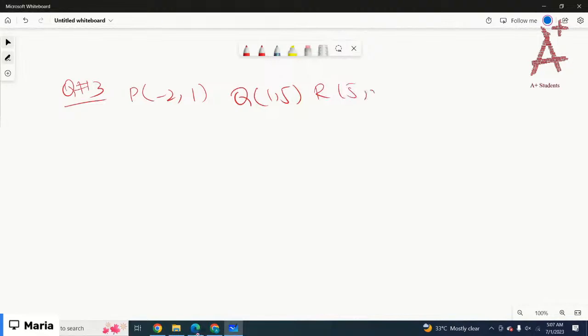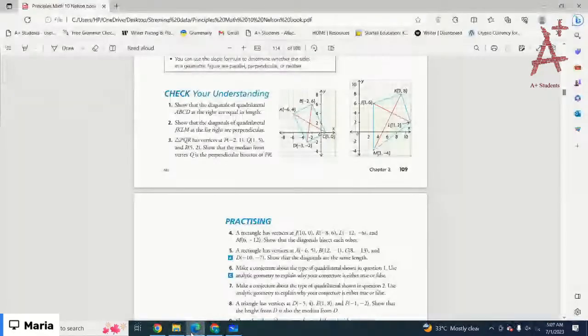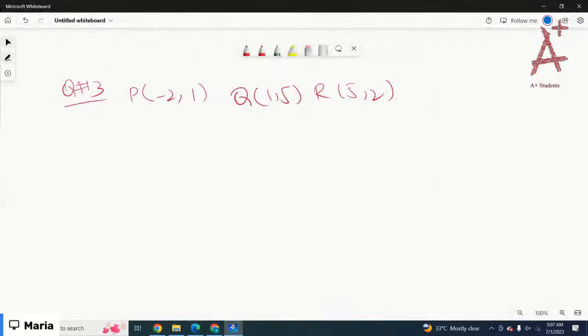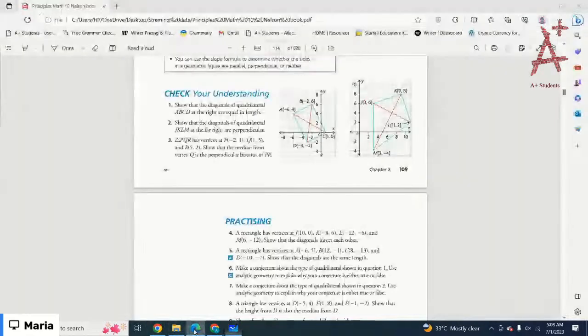Okay, you have to prove that the median from vertex Q is the perpendicular bisector of PR. This is P, Q, and R. So what we have to show is that the median from vertex Q is perpendicular to PR.